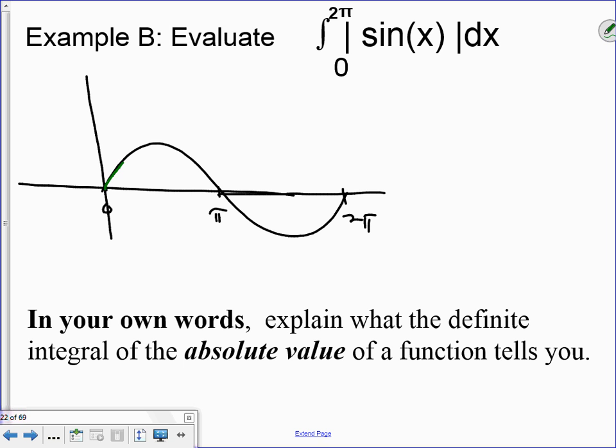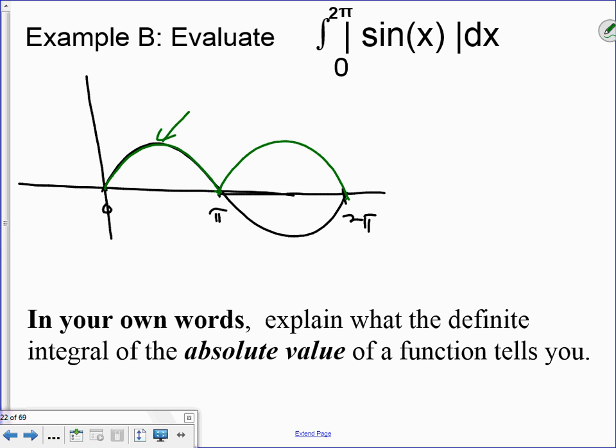Same, right? So the graph of the absolute value of sine x looks the exact same as the graph of sine x, right? From 0 to pi. But now, for values of x between pi and 2 pi, sine x is negative. Where's the graph of the absolute value of sine x going to be? Above it, right? It's going to flip it up here. So the graph is going to be what I have here in green.